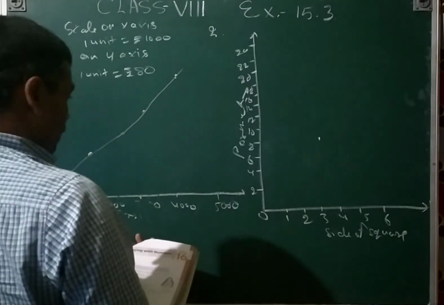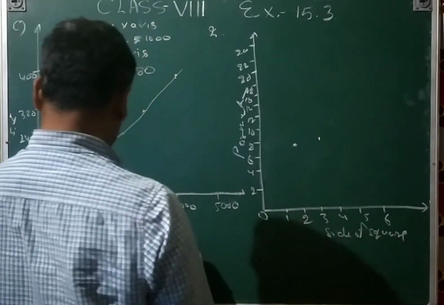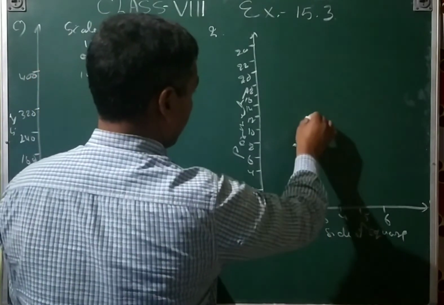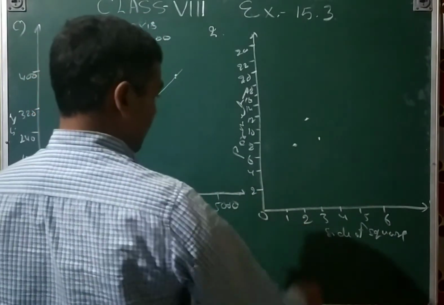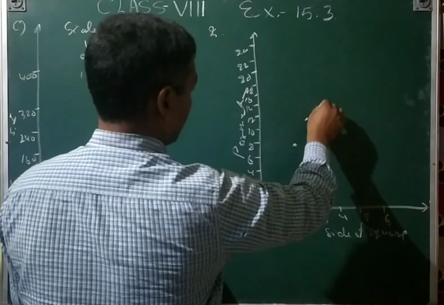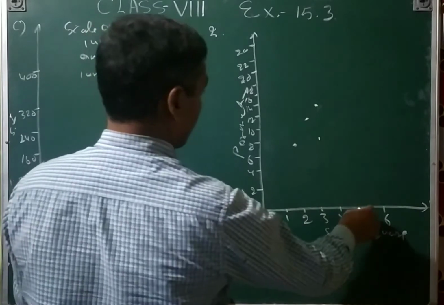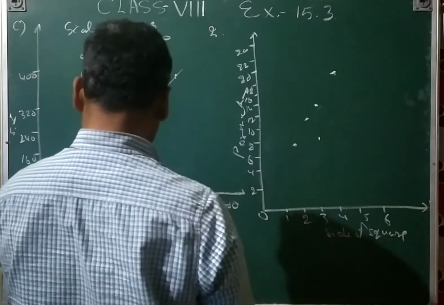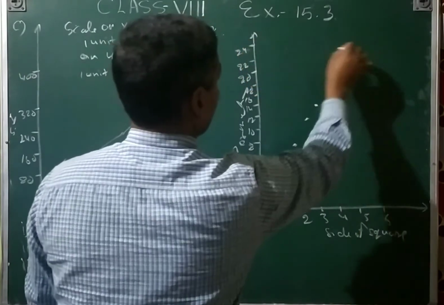Now on 2 you are looking at 8. On 3 that is 12, and then on 3.5 that is 14, and then on 5 that is 20, and then on 6 that is 24.